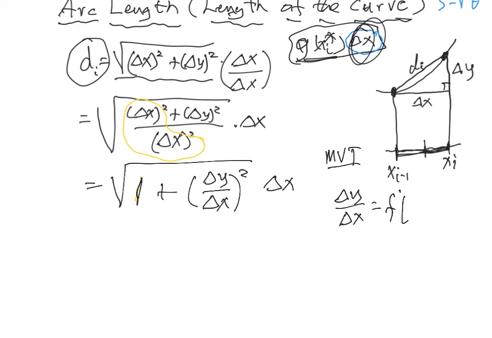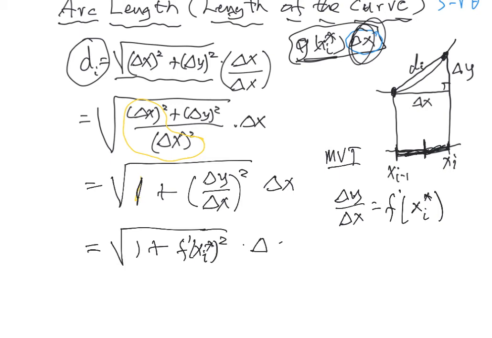Because we're focused on this little subinterval, instead of c like we showed on the earlier screen, we're going to call it xi star, and I know by the mean value theorem it's somewhere on this subinterval. And so we get this amazing thing: 1 plus, replace delta y over delta x with f prime of xi star, squared, and then we have our delta x. And guess what?